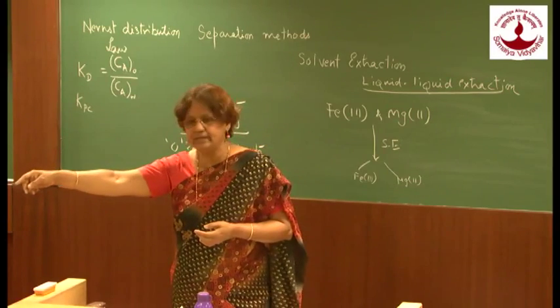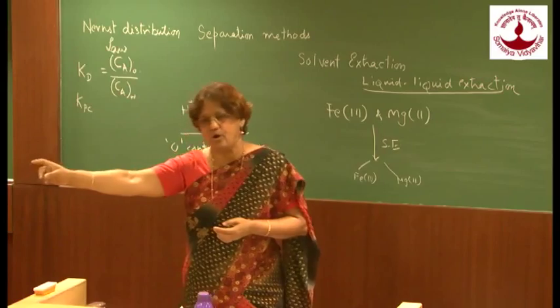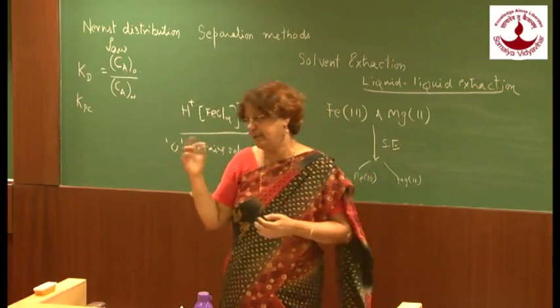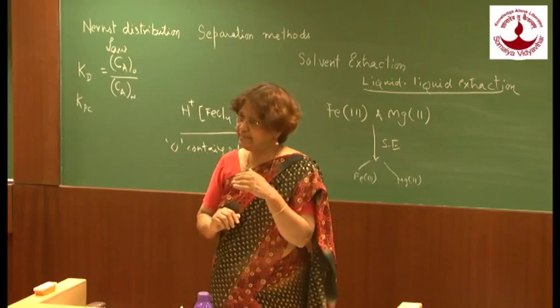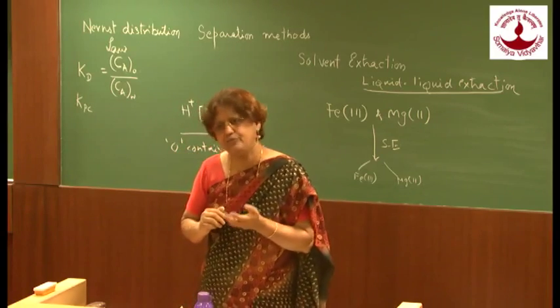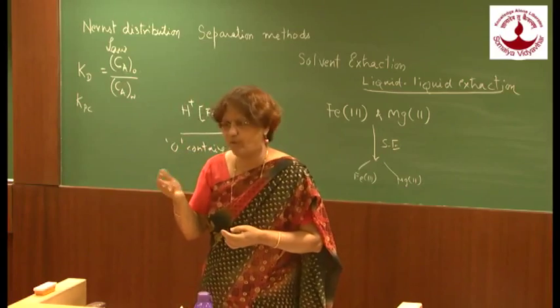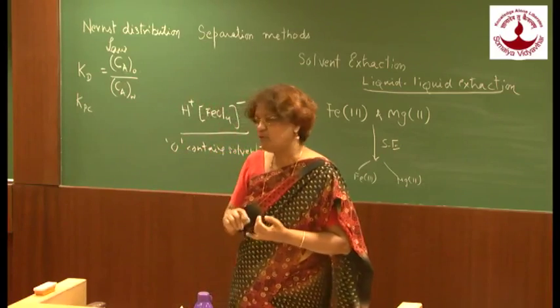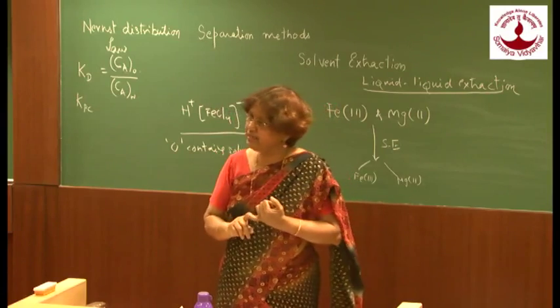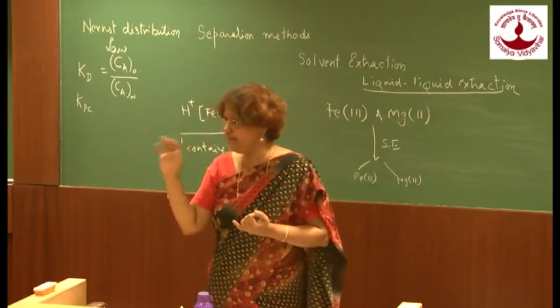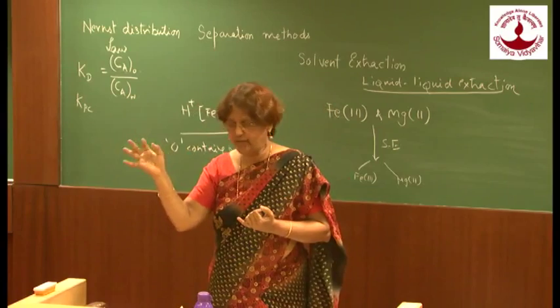Now the example that we demonstrated here of iron and magnesium separation, in that we use ethyl acetate. Ethyl acetate forms the upper layer. If you use toluene, it will form the upper layer. So very important is there should be a great density difference between the aqueous phase and the organic phase.